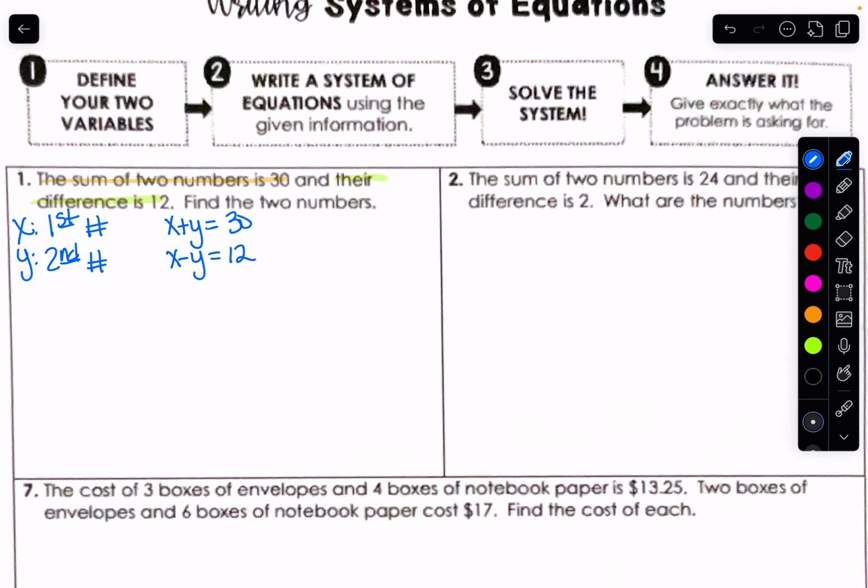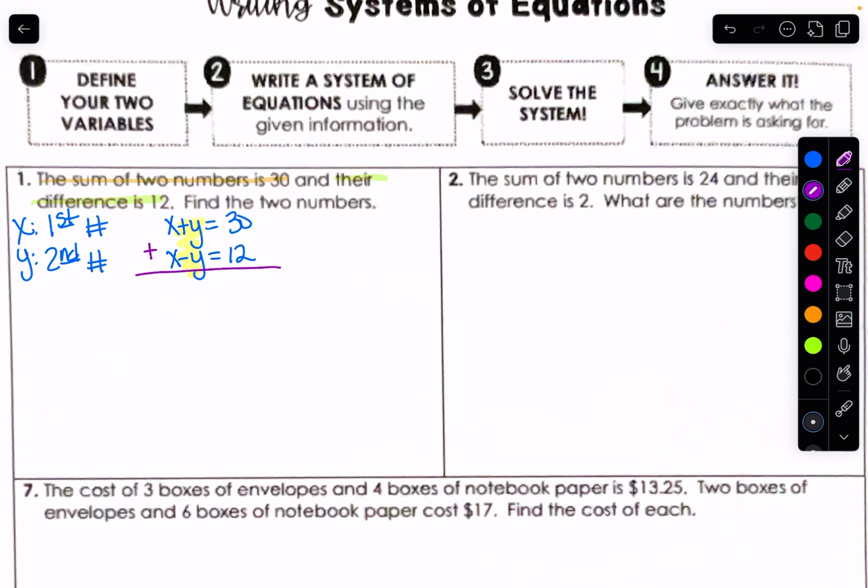So now we're going to go ahead and solve this systems of equations, and I'm going to choose to solve by doing the elimination method, all right? And remember, the elimination method just means that one of my variables has to have opposite coefficients, okay? So if I look here, I see that there are some opposite coefficients with the y and negative y. So I'm just going to go ahead and add them together.